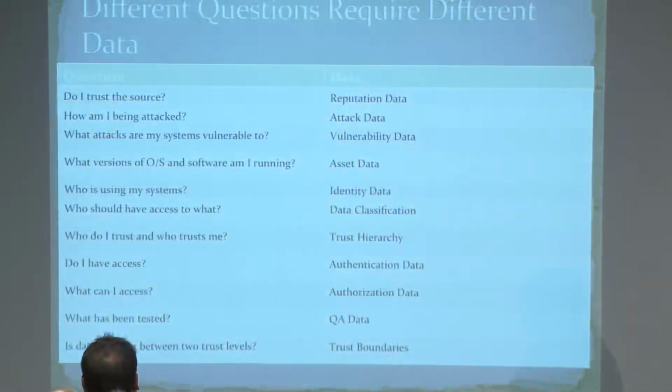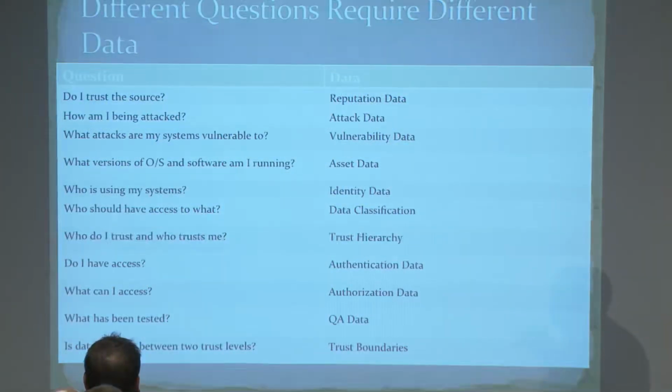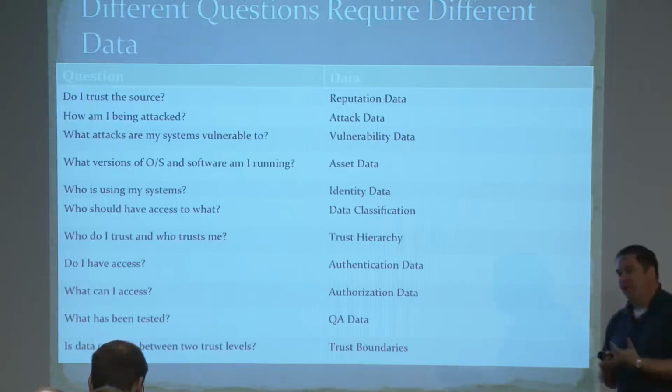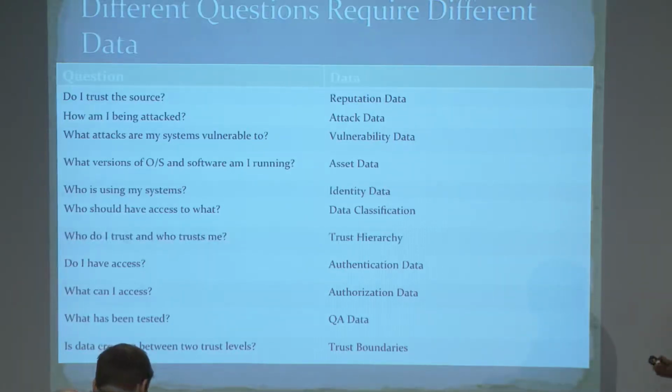So different questions will require different types of data. That's what this is looking at: all the different questions that you would want to have answered in your environment and where that data is probably sitting. If the question is, do I trust the source of some traffic in my environment, I may want to look at reputation data, and there are a lot of sources you could go to for that information.